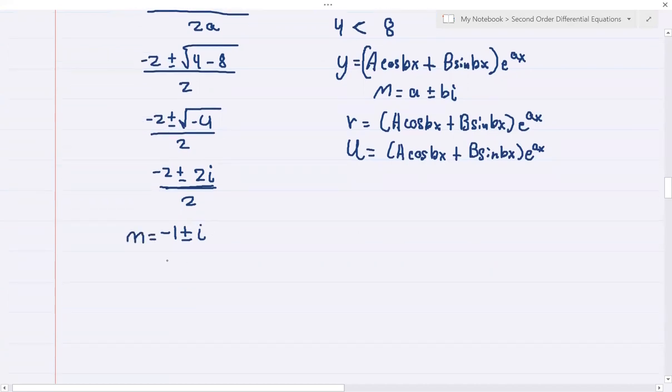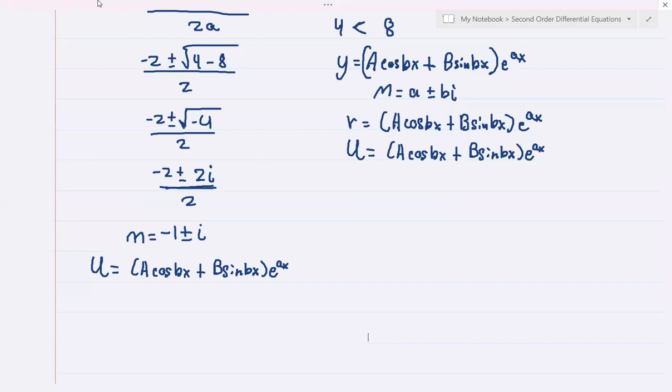So what will now be your u function? As mentioned, your u function is this one. And again, how will you find your small a and your small b? Your small b is located at the coefficient of your i. So what is the coefficient of your i? The coefficient of your i here is 1.